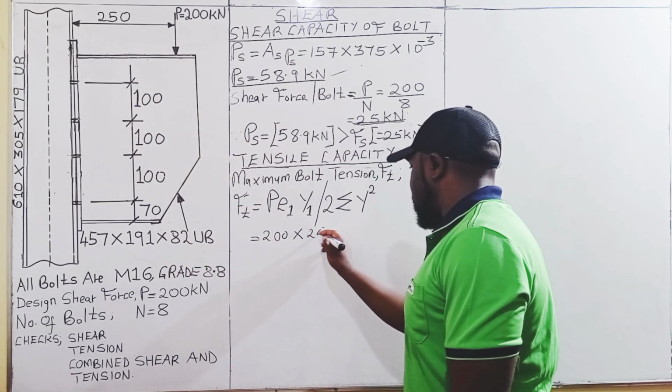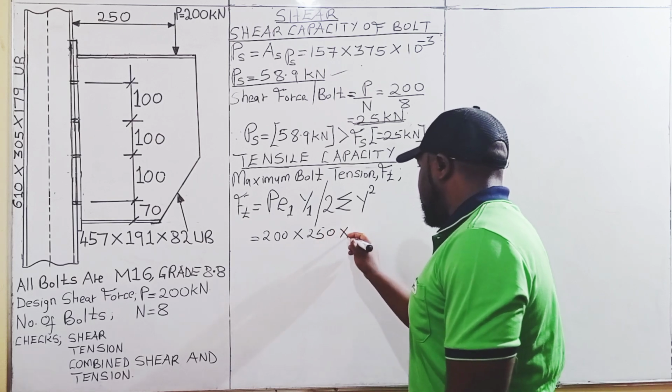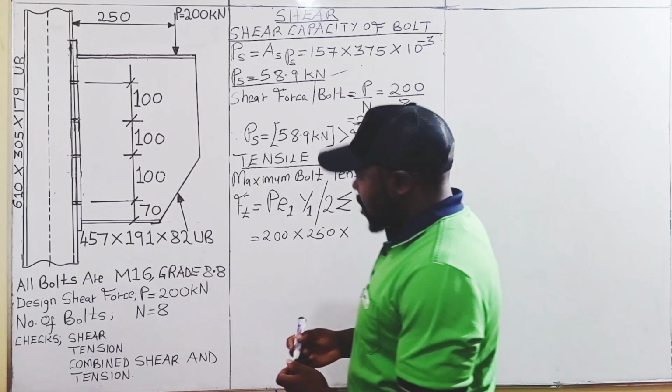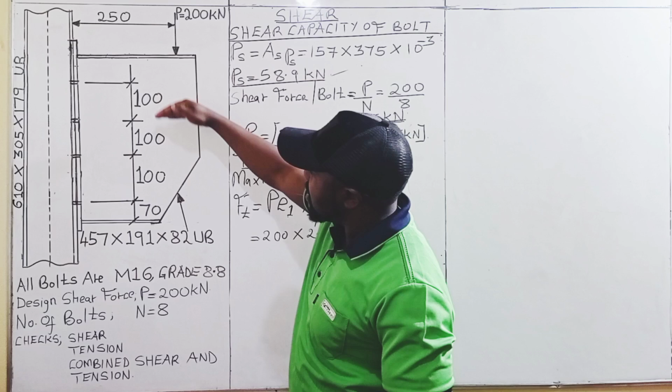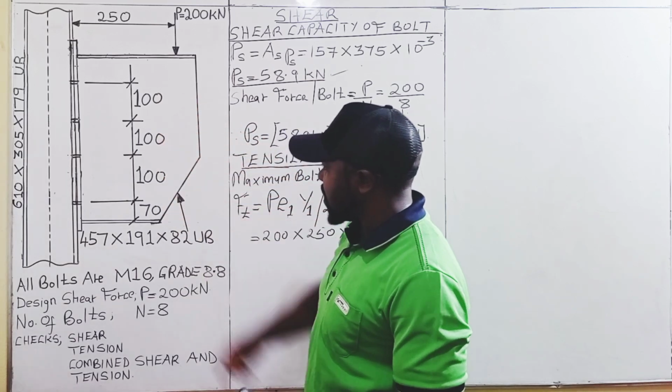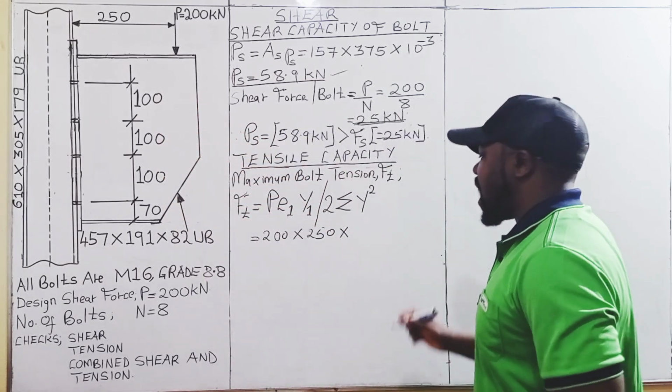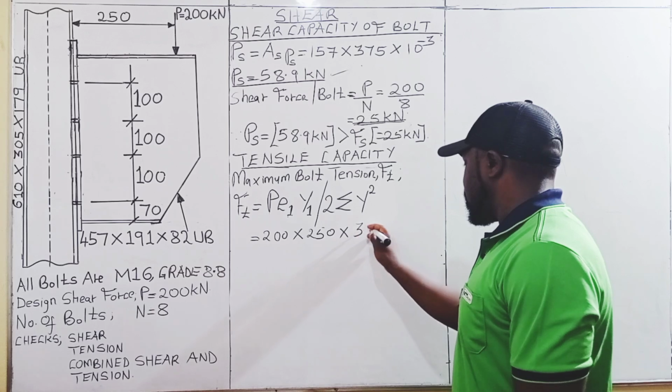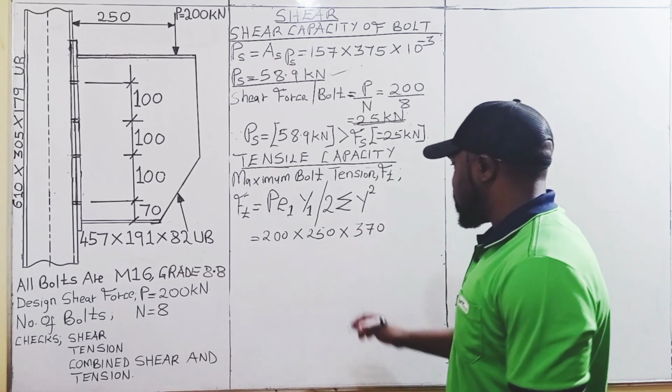So we multiply that by 250 millimeters multiplied by Y1, which is 100 plus 100 plus 100 plus 70, which is actually 370. So we multiply that by 370.